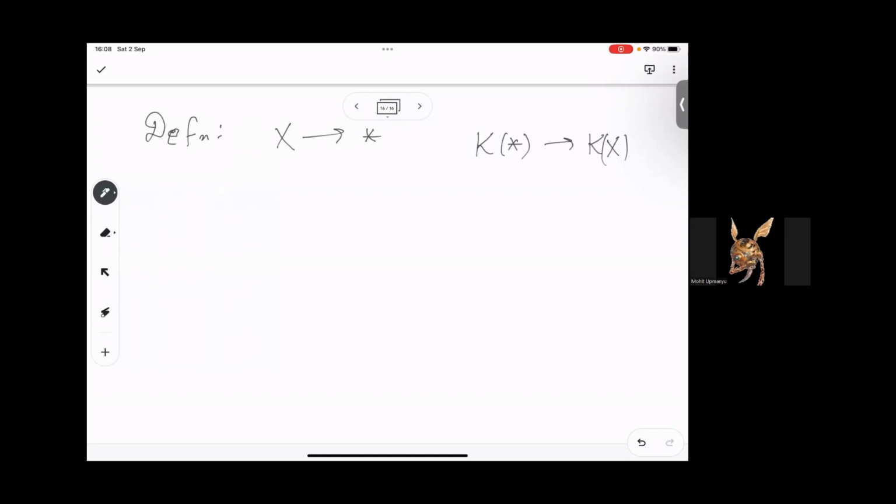So one easy question: what is K star? What are the vector bundles on a point? They're all trivial vector bundles, so the vector bundles are decided completely by their rank.